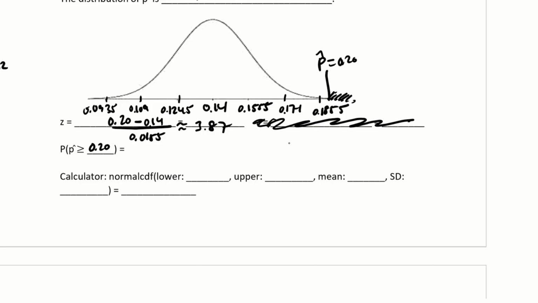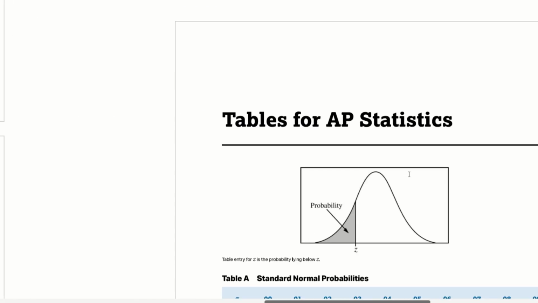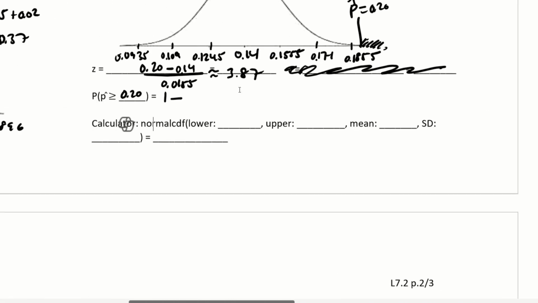we're going to do 1 minus, and then we're going to look up... oh, oops, sorry. This should be the z-score. So we're going to look at 3.87.